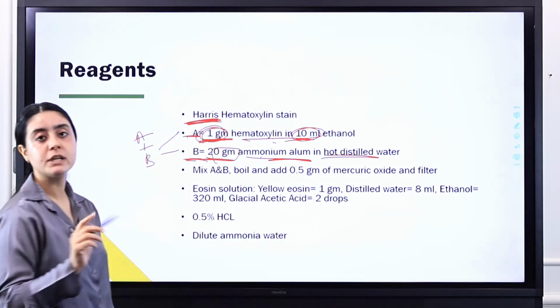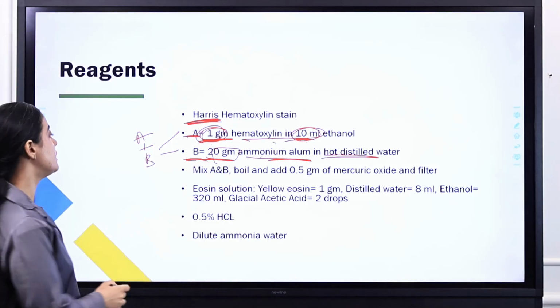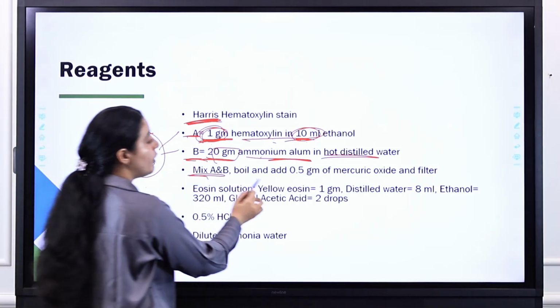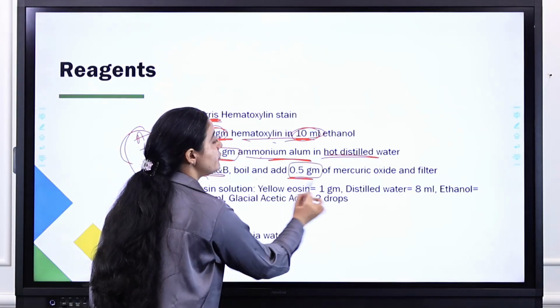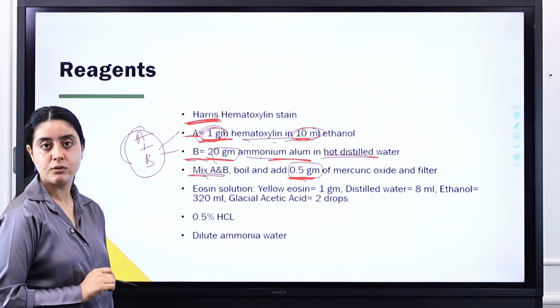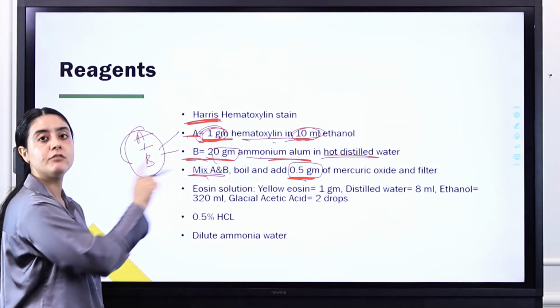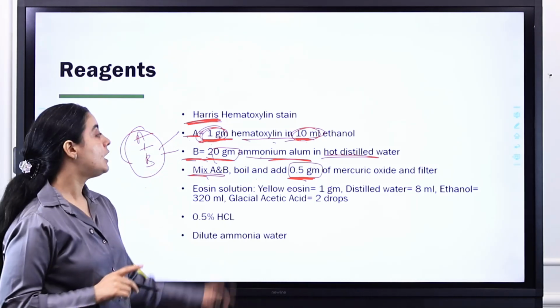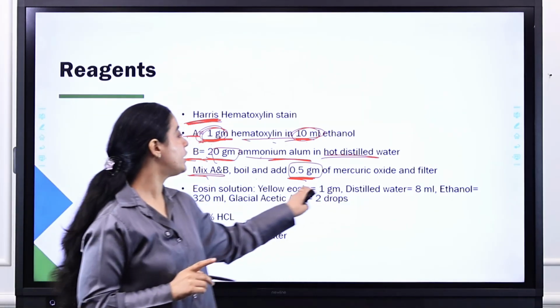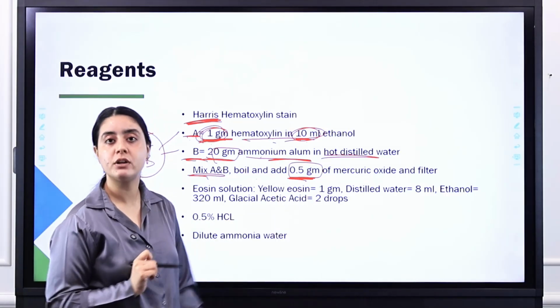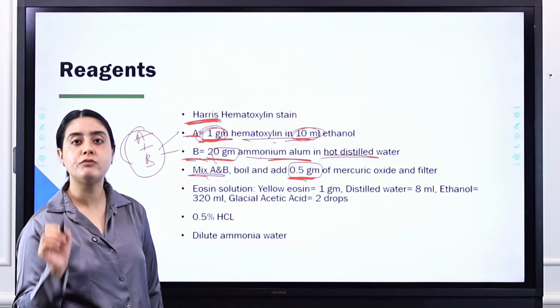Then we mix A and B, boil, and add 0.5 grams of mercuric oxide. We take sample A, take sample B, mix it, boil it and filter it. Before filtering, in the final step add 0.5 grams of mercuric oxide, and always filter the stain.